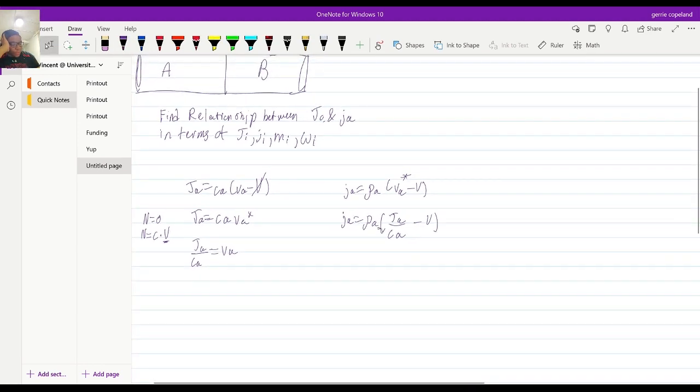Density is equal to mass over volume, and concentration is equal to moles per liter.